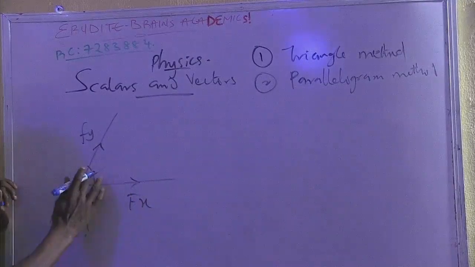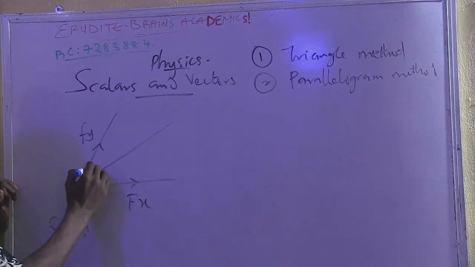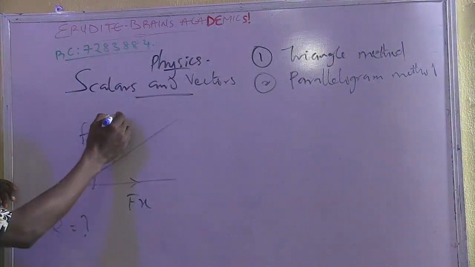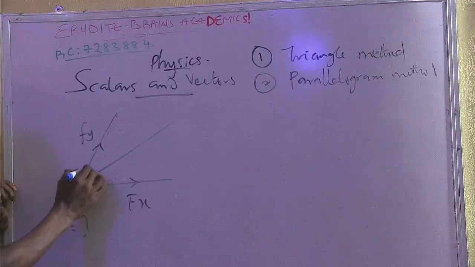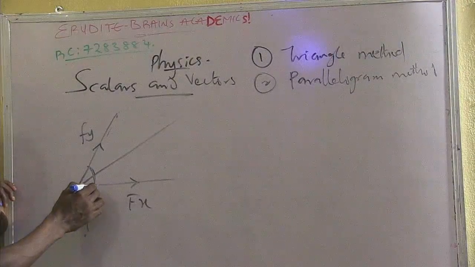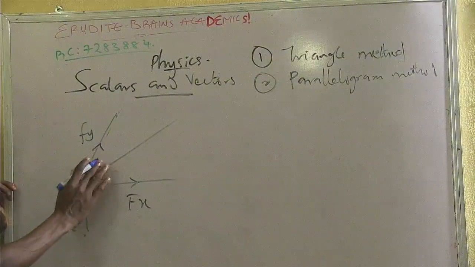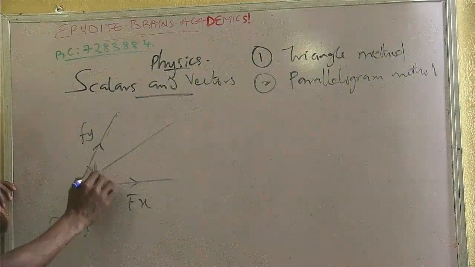Do not forget that the angle Fy is making with Fx is less than 90 degrees, so it's an acute angle. Let's take this whole angle as our theta.